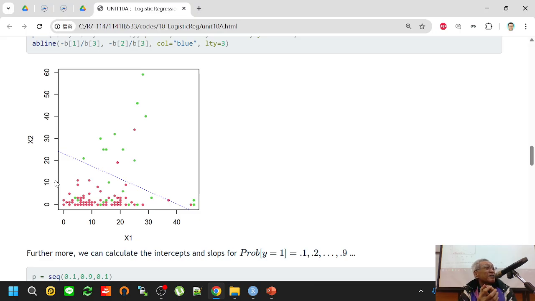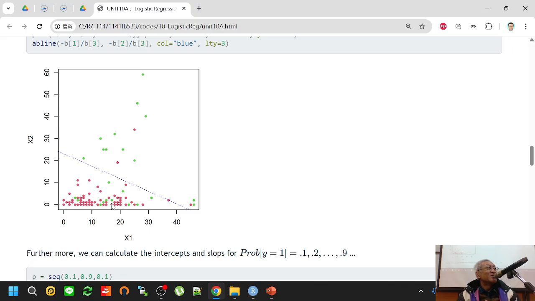How can I represent y? Because y only has 2 values, right? It is either 0 or 1 in logistic regression. So I use color to represent y. The green point is y equal to 1. The red point is y equal to 0.